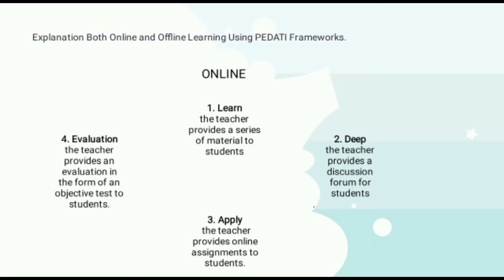And then when there is material that deviates from the topic being discussed, the teacher or lecturer will provide an explanation. This is done to measure their understanding of the material being studied.